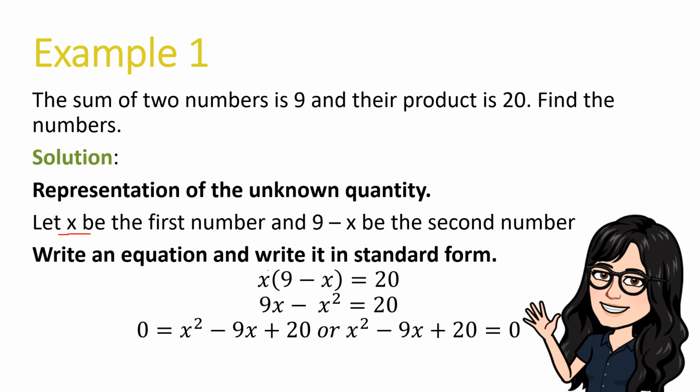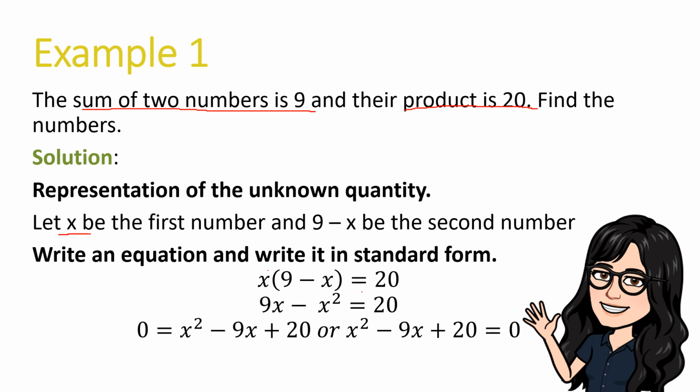Next step is to write the equation and write it in standard form. Now remember that the sum of the two numbers is 9 and the product is 20. Therefore, I can write an equation as x times the quantity 9 minus x equals 20.